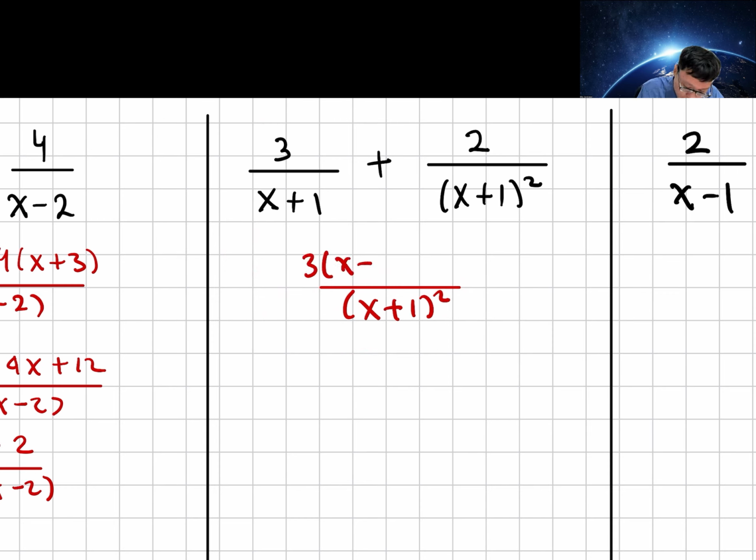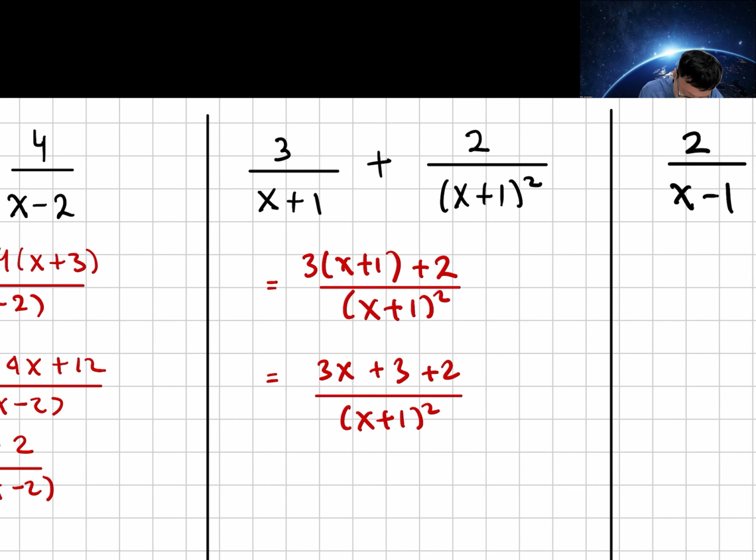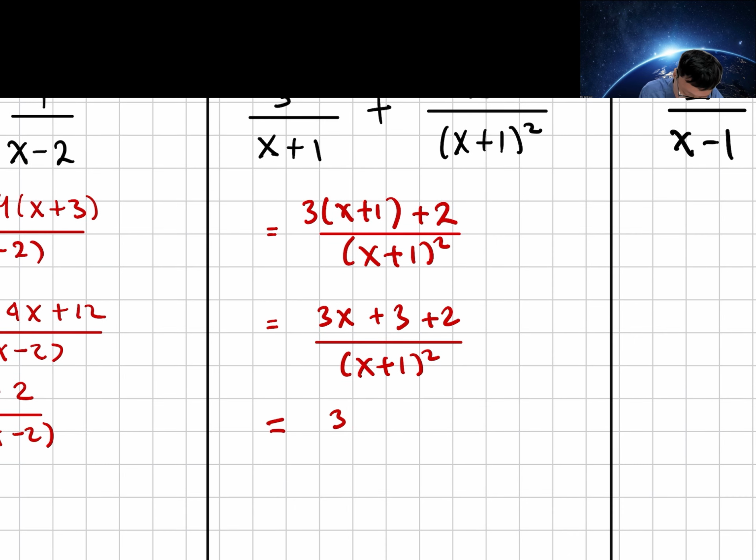While the second one is just 2, because we take the denominator here, and then we simplify it, becomes 3x plus 3 plus 2, divided by x plus 1 squared. So we get 3x plus 5 over x plus 1 squared.